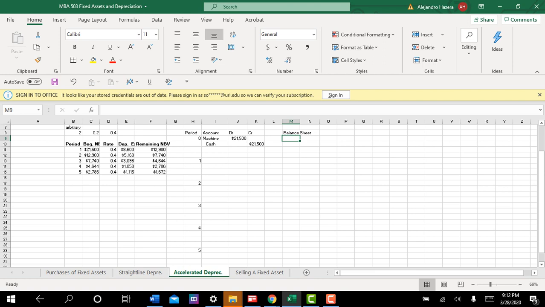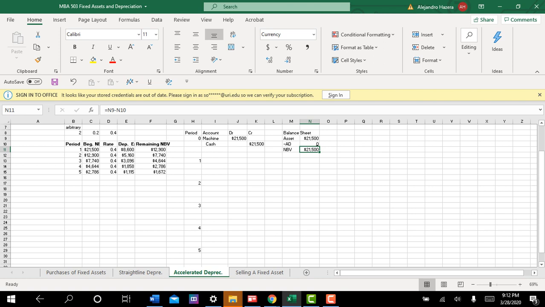Okay, on the balance sheet, we're going to have the asset, whatever the asset is, machine, whatever it is, minus accumulated depreciation, which is going to give us our net book value at the end of the year. So after the purchase, just like we did for straight line, our machine is $21,500, our initial accumulated depreciation is 0, and our net book value is the difference between the two, which is $21,500 minus 0, which gives you $21,500.